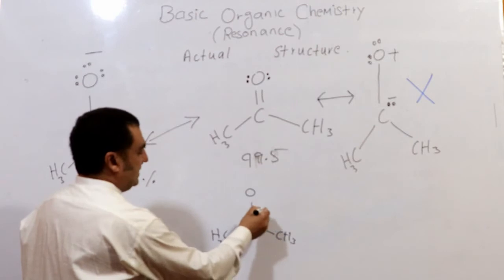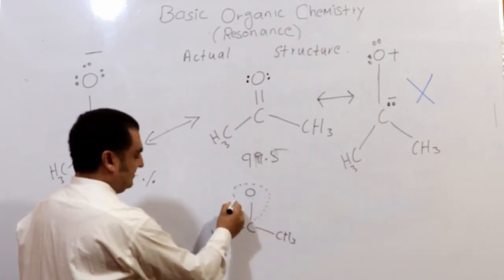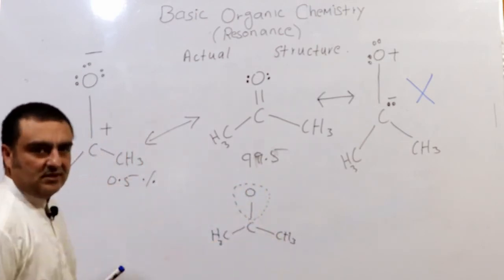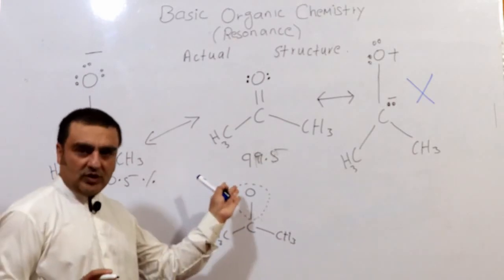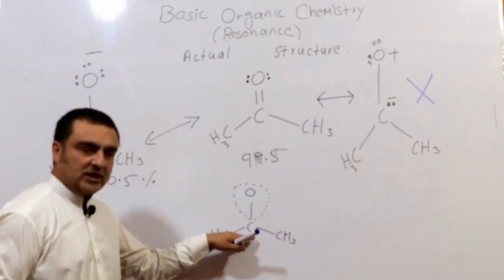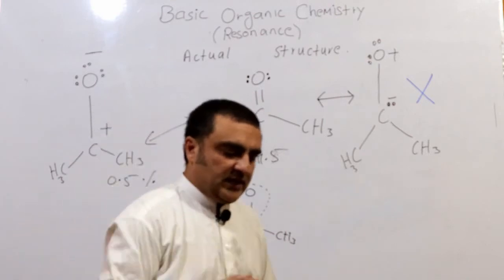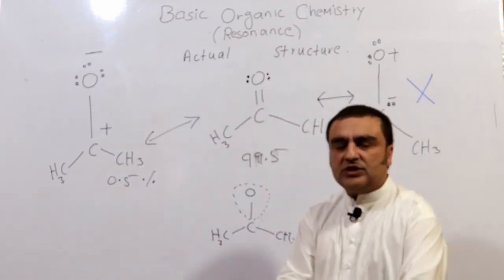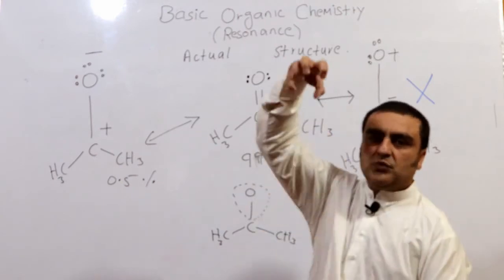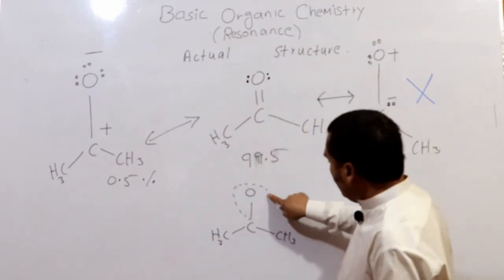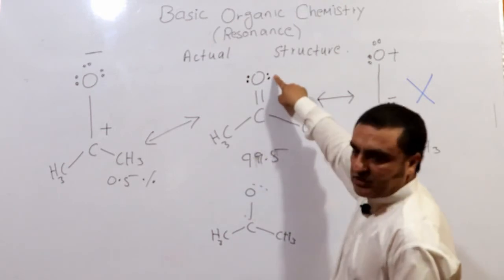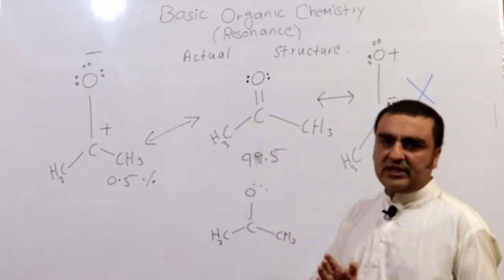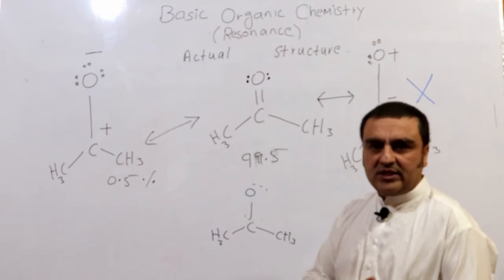So I can draw it like this, a little bit more toward the oxygen and less toward the carbon. And if you look at this in terms of the inductive effect, again the oxygen is more electronegative, so it will pull the electrons inductively toward itself. So the carbon will have a little bit of partial positive charge.